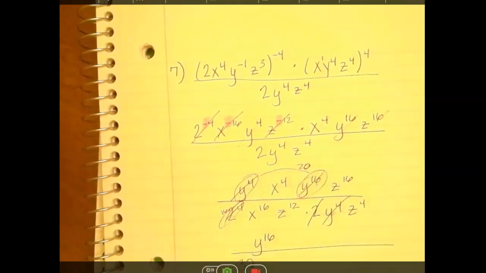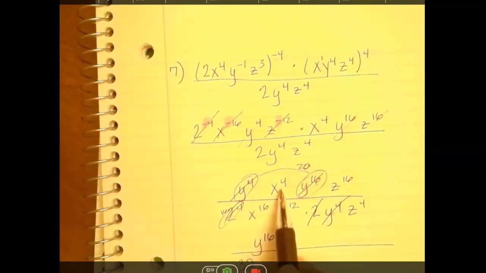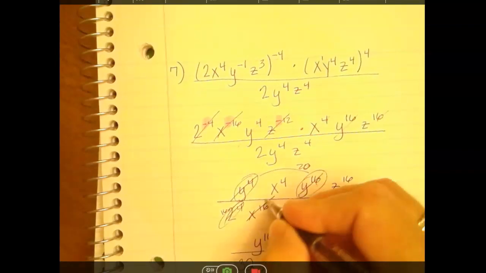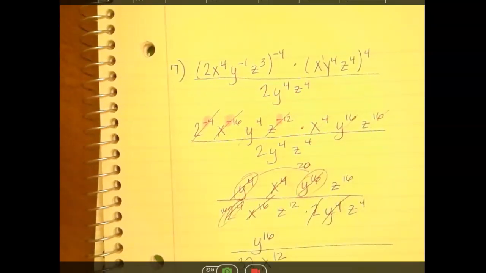And now the X's. Let's see, got 4 X's on the top, 16 X's on the bottom. 4 minus 16 is negative 12. There's going to be 12 left on the bottom, right? There's 16 on the bottom, right? And these 4 took 4 of these away, leaving 12 on the bottom. So now I've taken care of the X's and Z's.